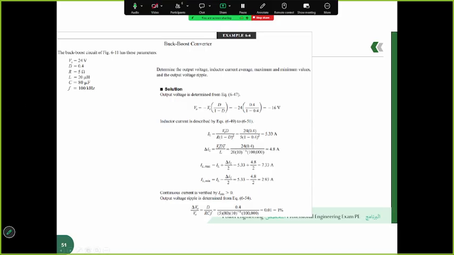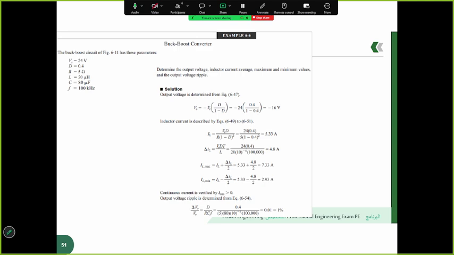Next, the inductor current is analyzed. The average inductor current IL is calculated to be 5.33 amps. This is a crucial value because the inductor handles the power transfer in the circuit. The slide then determines the inductor current ripple, delta IL, to be 4.8 amps.